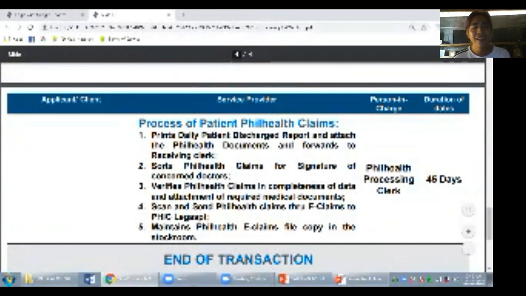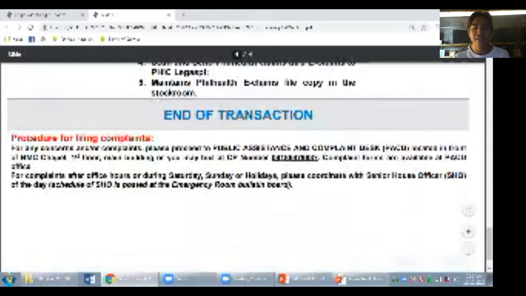Fourth, scan and send PhilHealth claims through e-claims to PHIC Legazpi. And fifth, maintain PhilHealth e-claims files copy in the stock room, and the person in charge here again is the PhilHealth processing clerk. The duration is 45 days. End of the transaction. Thank you so much for listening.